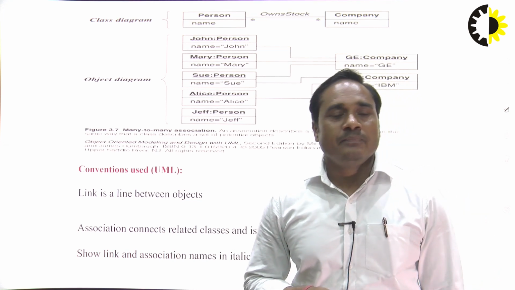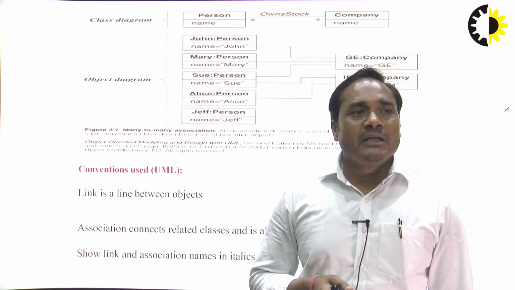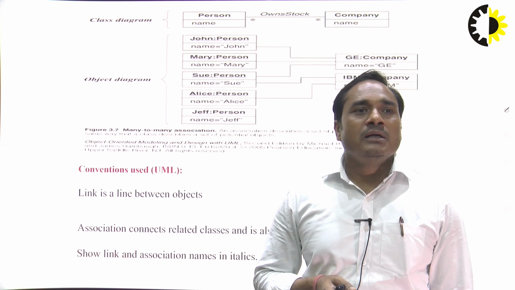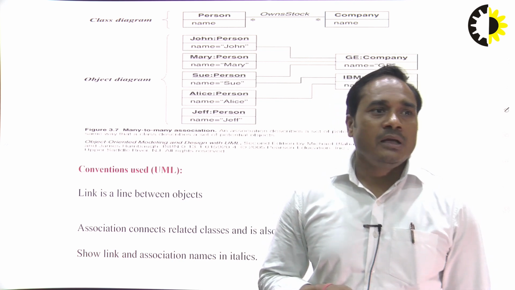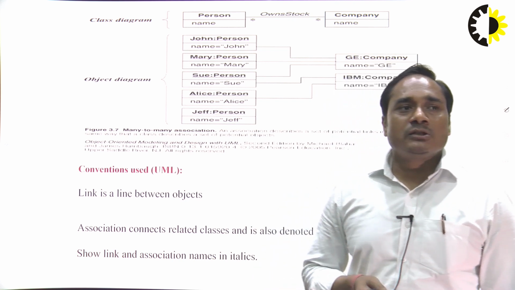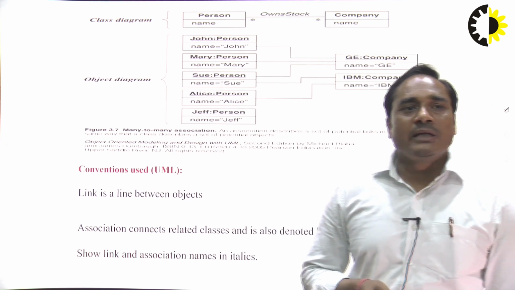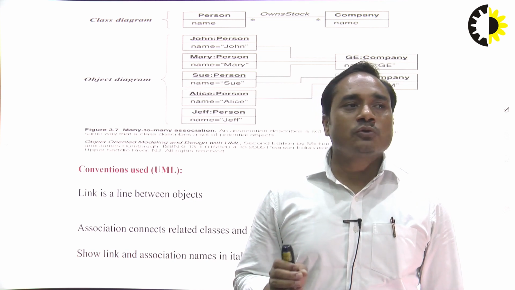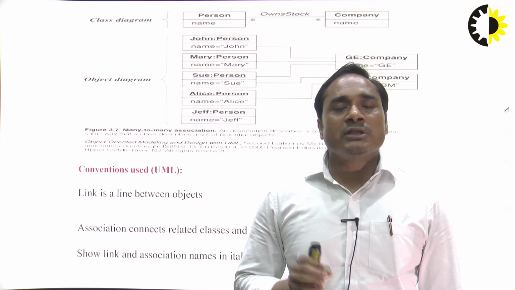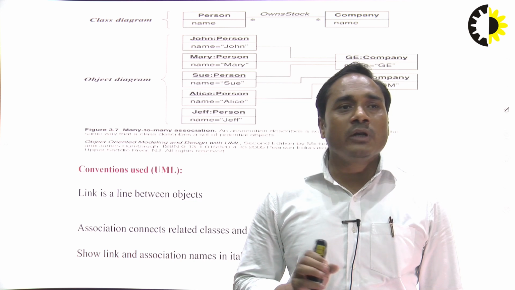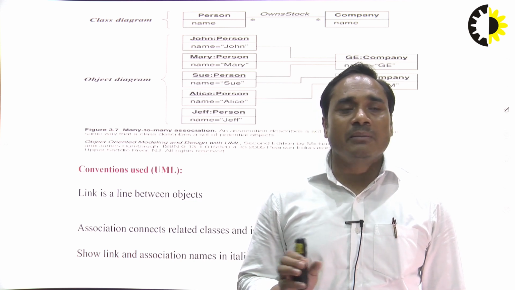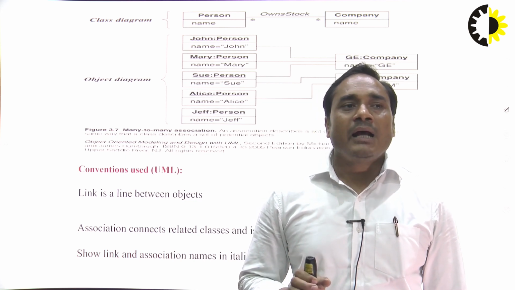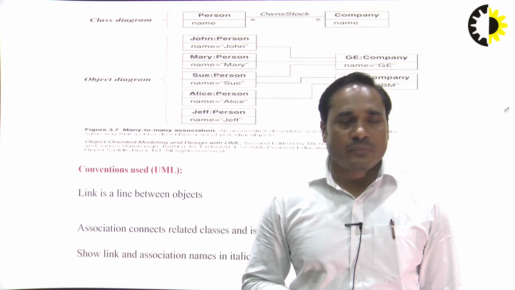For example, the name of the person is John, and he is associated with the company GE. The second person, Mary, is associated with the company GE. And the third person, you, is associated with the company IBM. So a person associated with a company name shows the link. And a person associated with a company where there is no name of the person and no name of the company shows the classes and also the association.